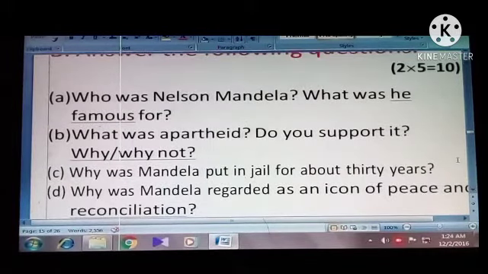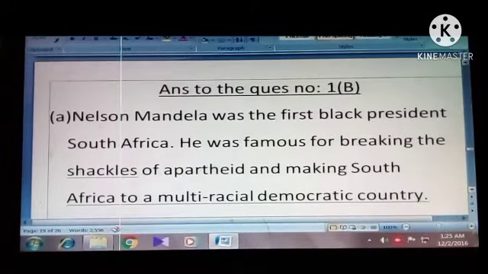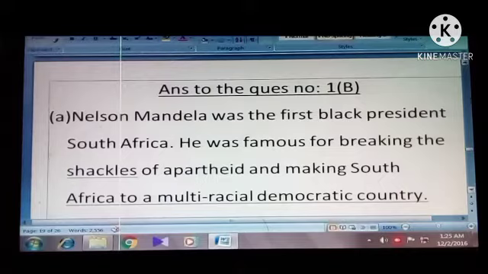Who was Nelson Mandela? What was he famous for? Here I want to tell you one more thing: if the question is in present tense, you have to answer in present tense, and if the question is in past tense, you have to answer in past tense. You will not answer a present tense question in past tense, and you will not answer a past tense question in present tense.